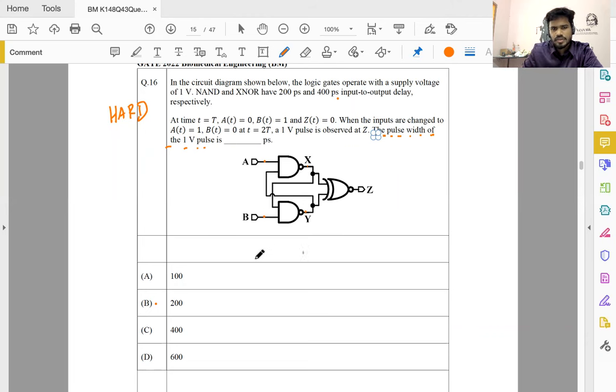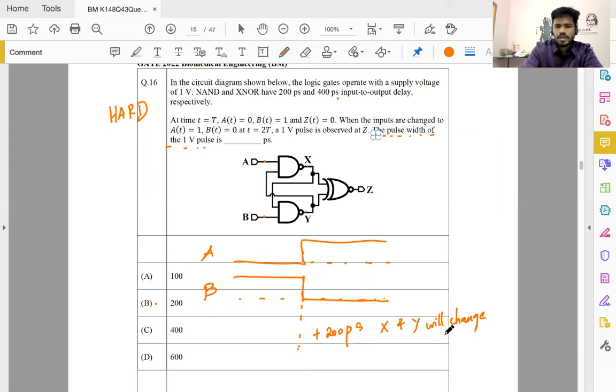A is this, B is this, so this is 0, this is 1, and this is 2T. When this change happens, let's mark this as a milestone. So plus 200 picoseconds, X and Y will change.